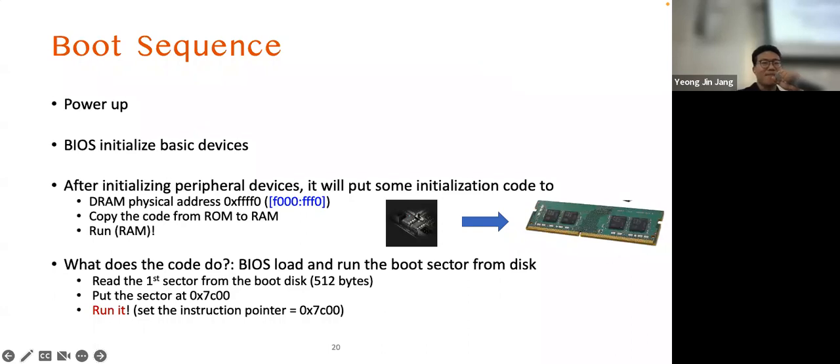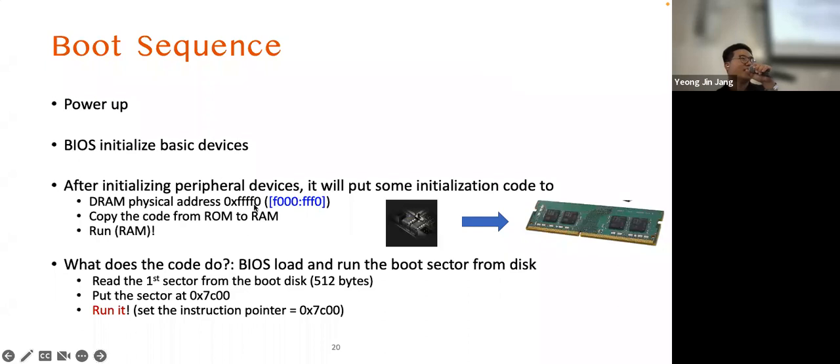into RAM at a specific physical address, FFFF0. The reason for using this kind of low address is that computers in the old days only supported 1 megabyte of memory. And 1 megabyte is 100000 in hexadecimal, so 1 megabyte minus 16 is this address.